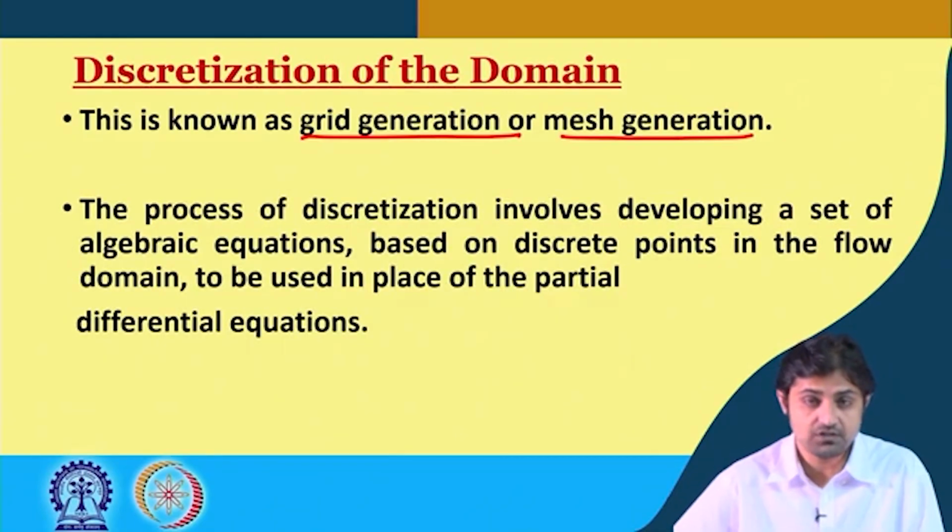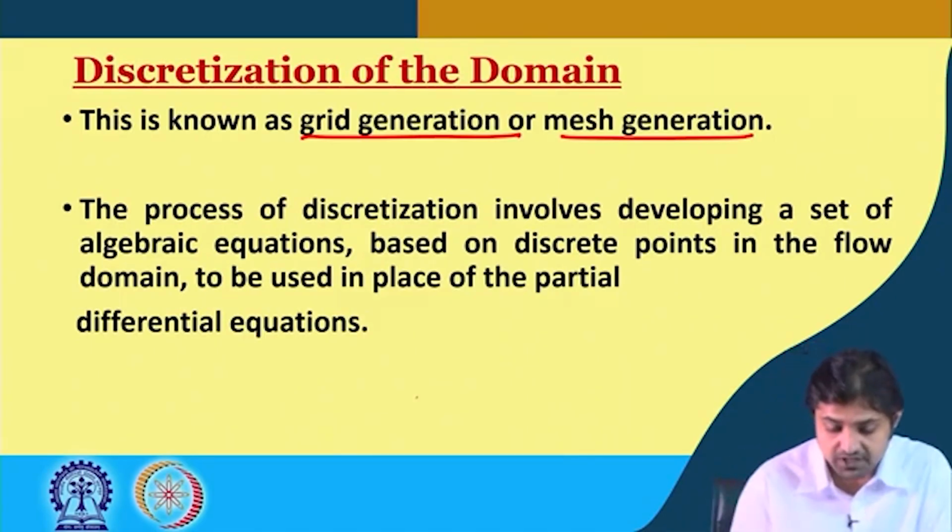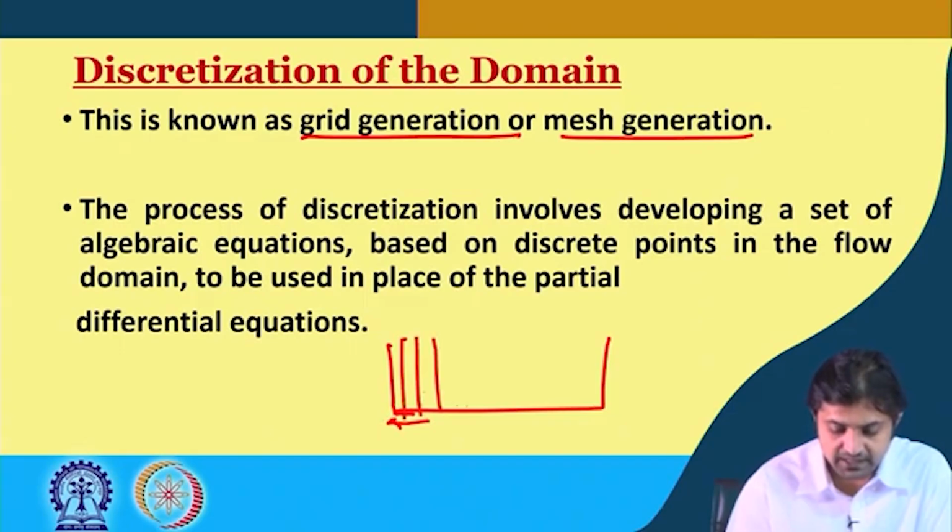This particular process of discretization involves developing a set of algebraic equations based on discrete points in the flow domain, to be used in place of the partial differential equation. We said that instead of the partial differential equation, we try to transform it into algebraic equations. So for that, if this is a domain, suppose we have to divide it, right, that is how we are going to write delta x.